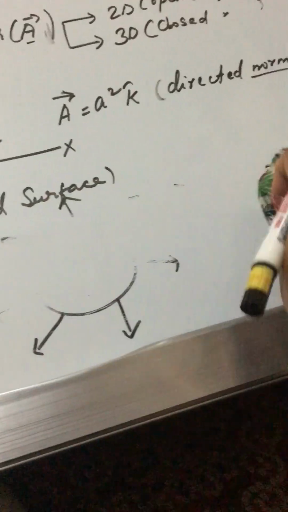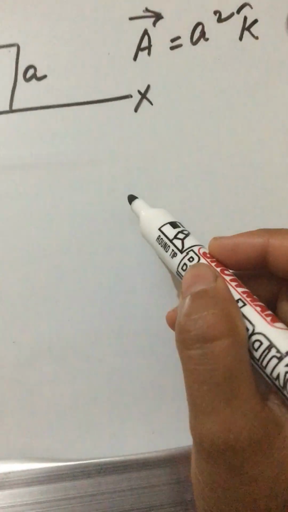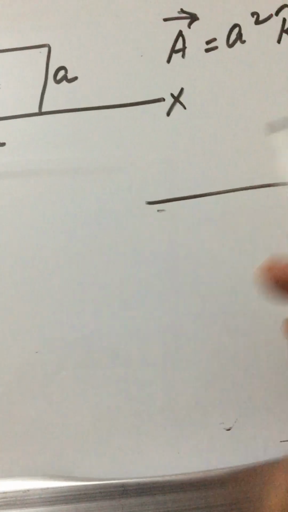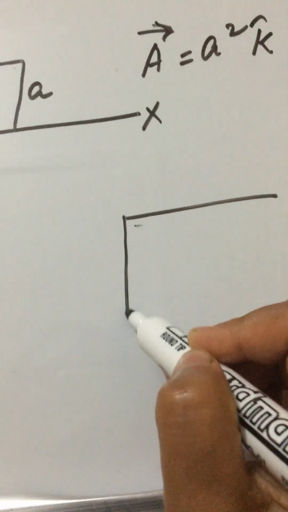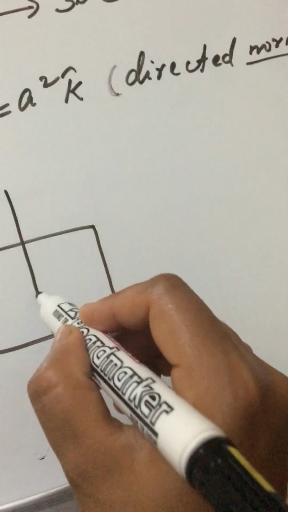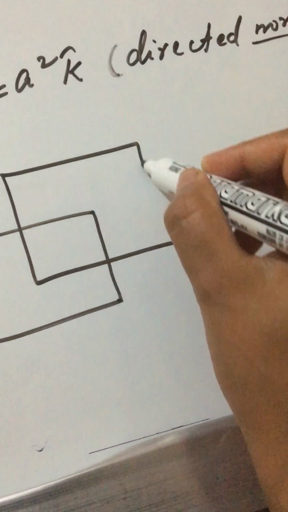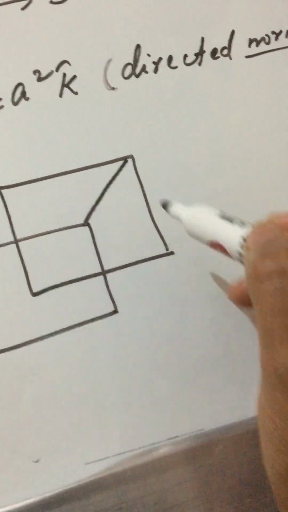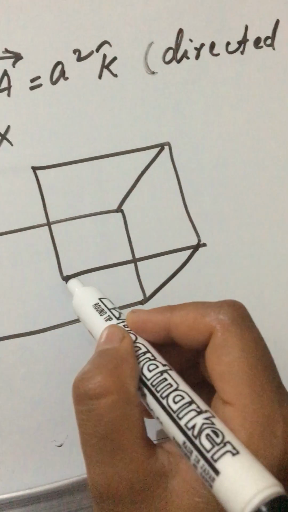Let's take another one for the 3D surface. 3D means a closed surface. Let's say here is a cube. Let me make a cube. Will I be able to make a good one or not? Let's see.